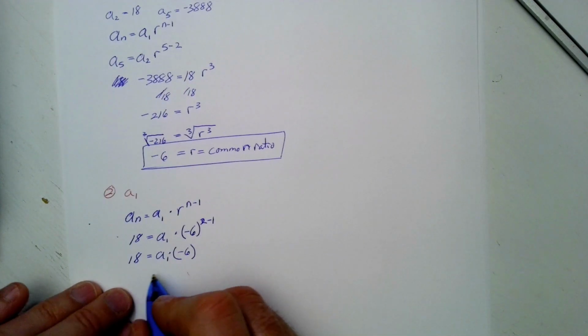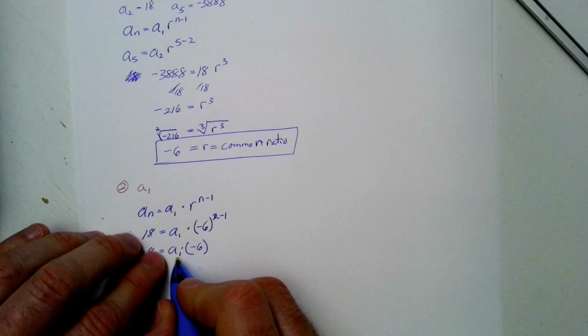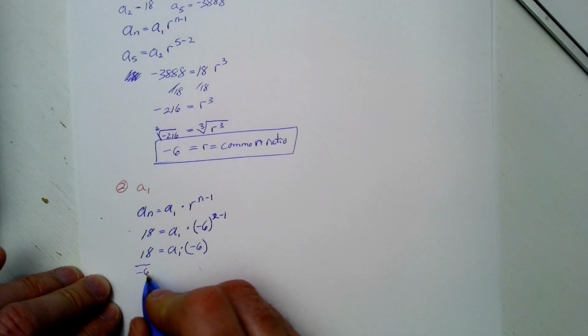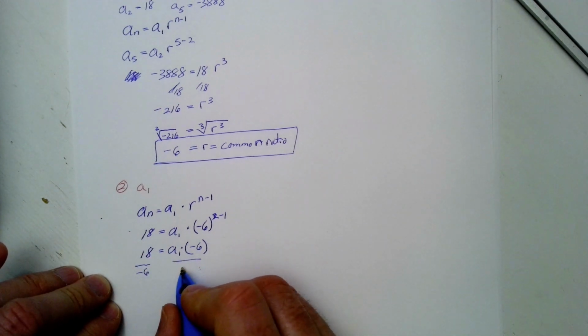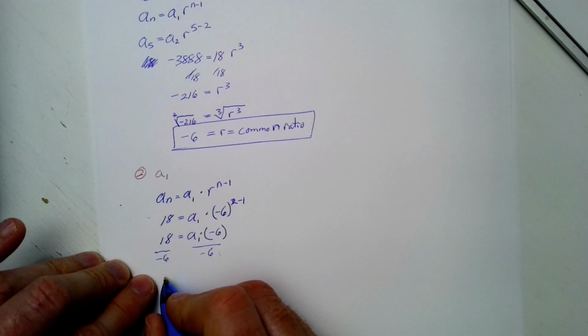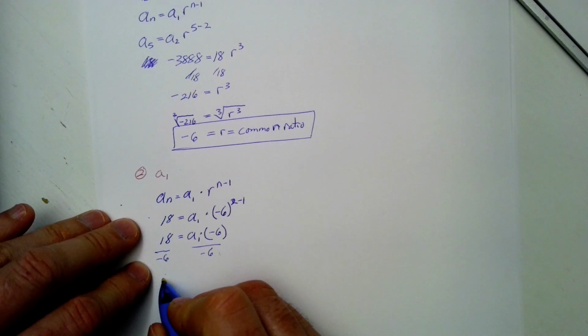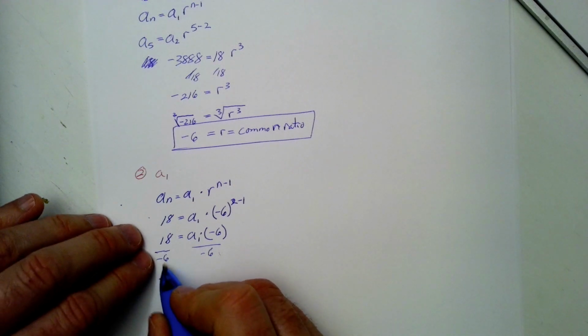Now let's divide both sides by negative 6 to isolate the a1. And that's going to give us, excuse me, a negative 3. 18 divided by negative 6 is negative 3. Remember, a negative times a negative is positive.